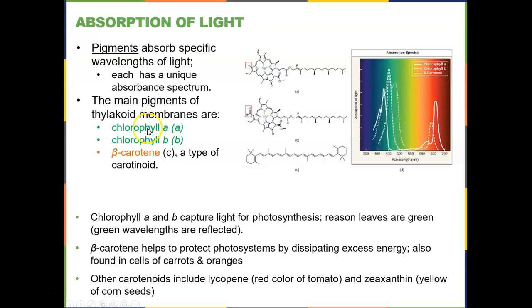So they reflect the green light, and that's why we see them as green. Beta carotene is a type of carotenoid, and the dotted line here is going to absorb mostly in the green region, and it's going to reflect orangey, and that's why we see it as orange. Carrots have a lot of beta carotene, and that's why they're orange.